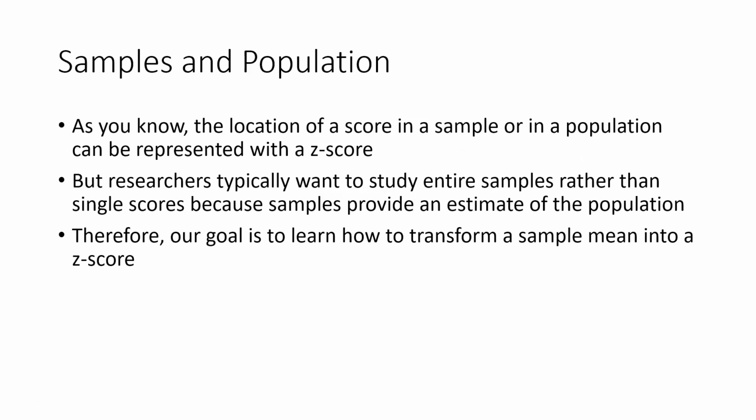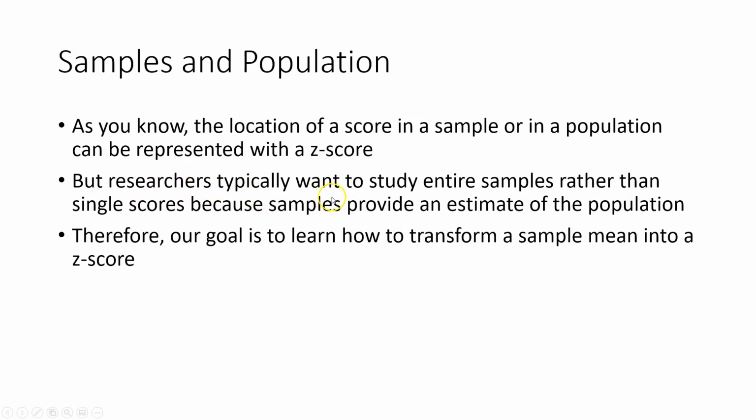As you know, the location of a score in a sample or in a population can be represented with a z-score. You recall from our previous module that a z-score is composed of two parts, the sign and the magnitude, and that together represents whether it falls above or below the mean and how far above or below the mean.